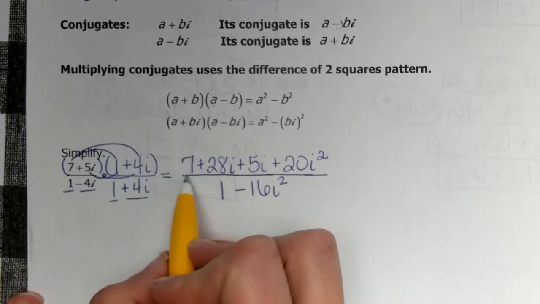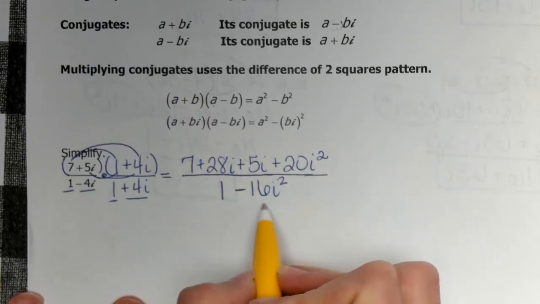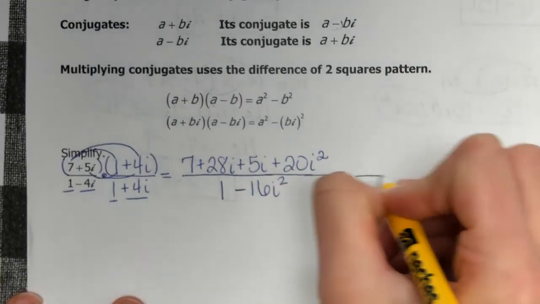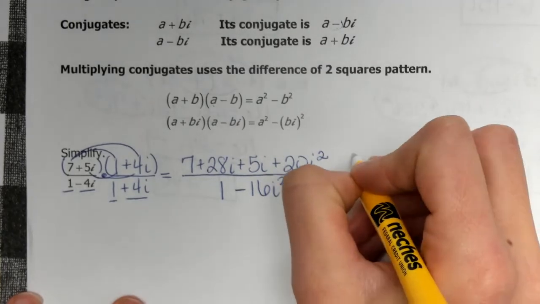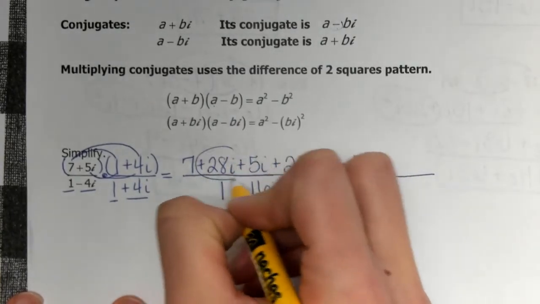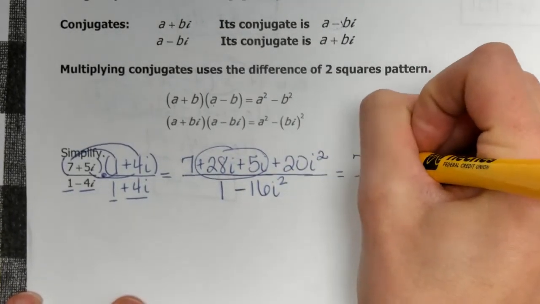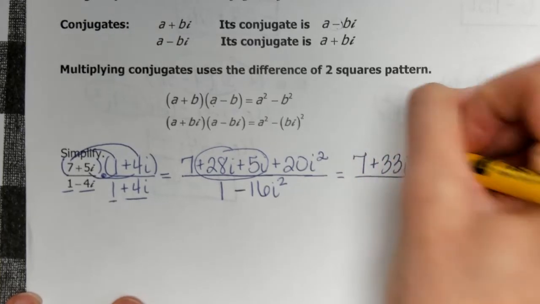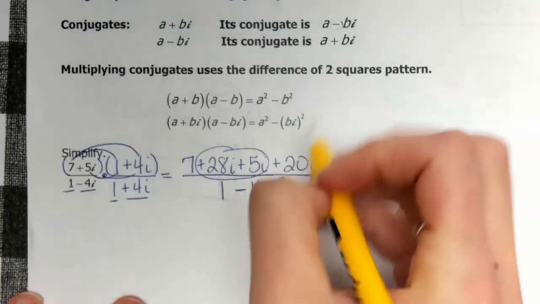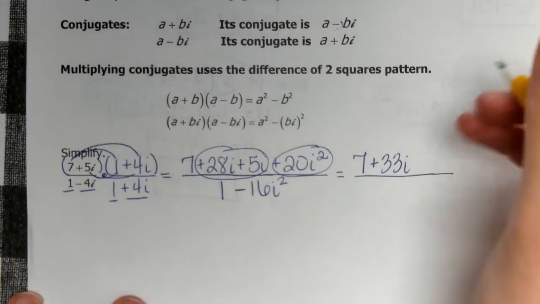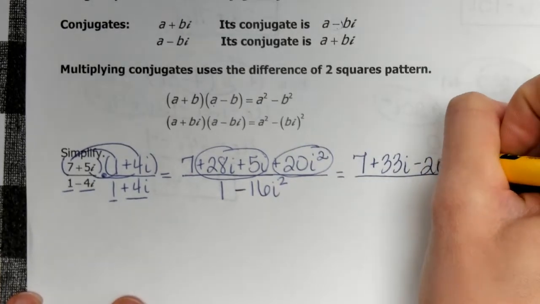Okay, so I'm going to clean up my numerator and the denominator. So I've got 7, 28i plus 5i is going to give me 33i. This 20i squared is going to turn into negative 20.